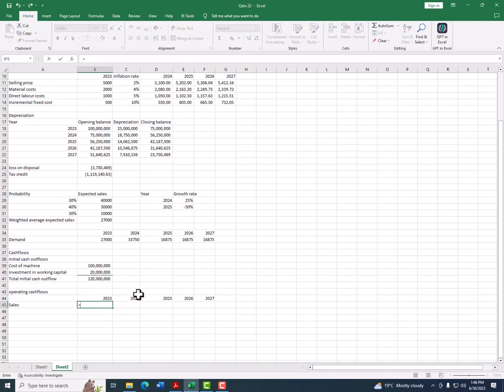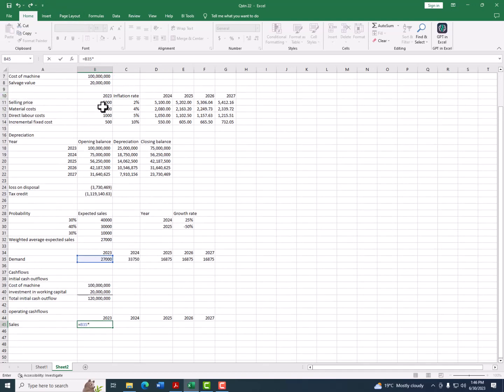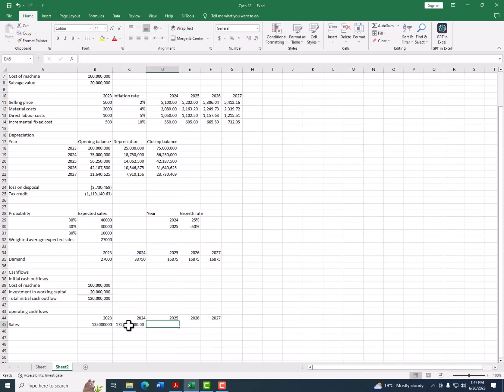So the sales, we say equals demand for 2023, which is 27,000, multiplied by the selling price for 2023, which you had calculated up here. There, hit tab. 2024, we have demand for 2024 multiplied by the selling price for 2024 up here, which is cell D11, tab, right?